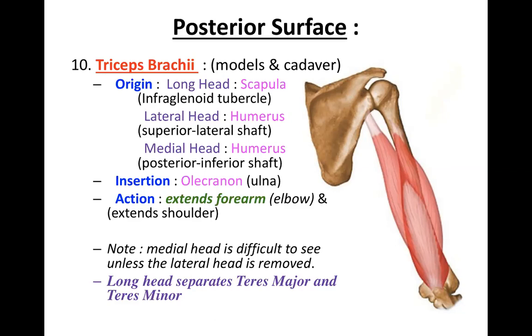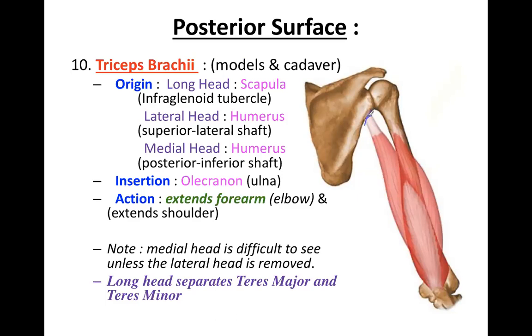The medial head is much more difficult because it's sitting underneath the lateral head. So when we look, we're going to see the 3 origin points. 2 of them are going to be from the humerus, and 1 of them is going to be from the scapula.